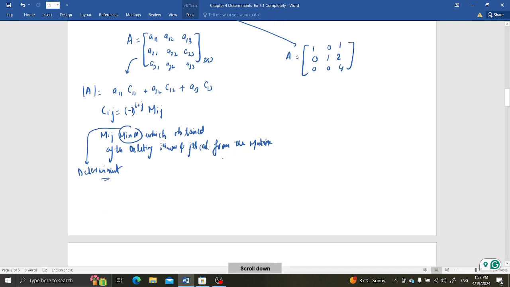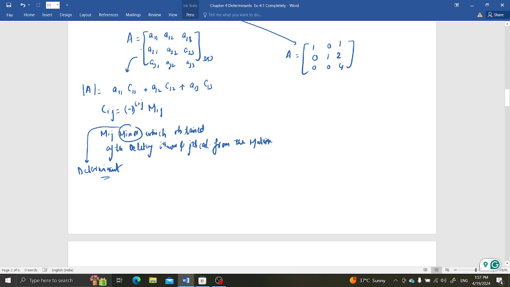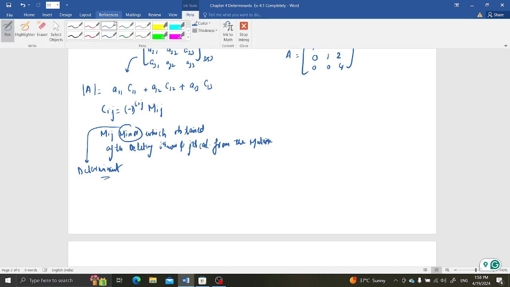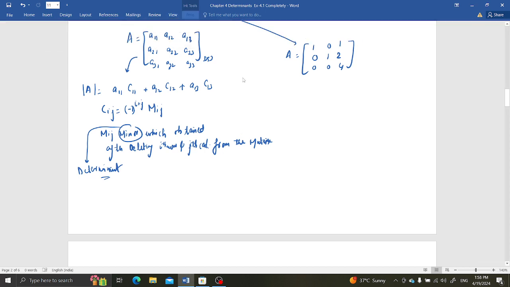So if we are evaluating along the second row, then A21 into C21 plus A22 into C22 plus A23 into C23. Same as that along the third row. And along the first column, second column, third column, we can find like that. But here we are evaluating along the first column.